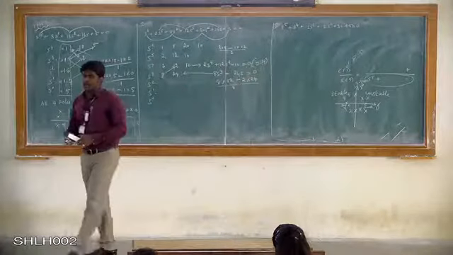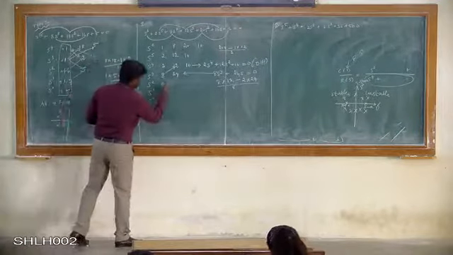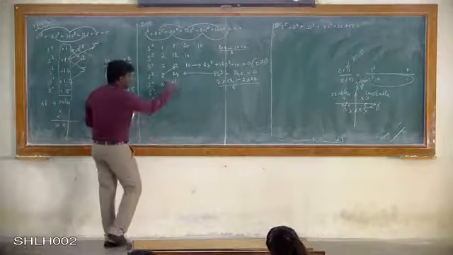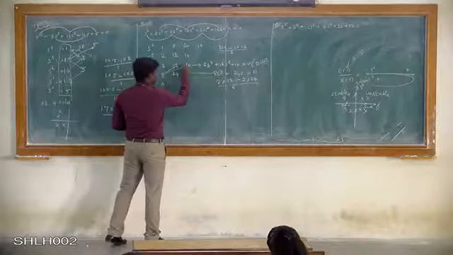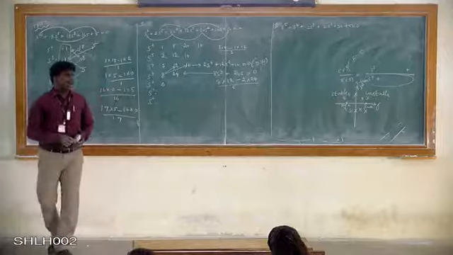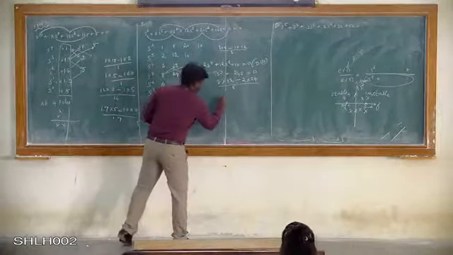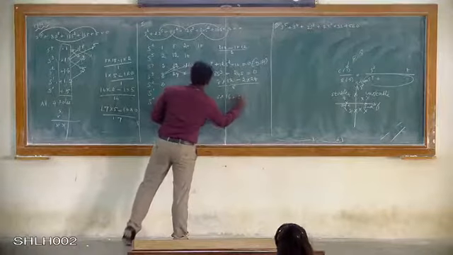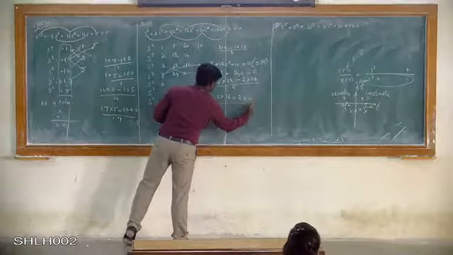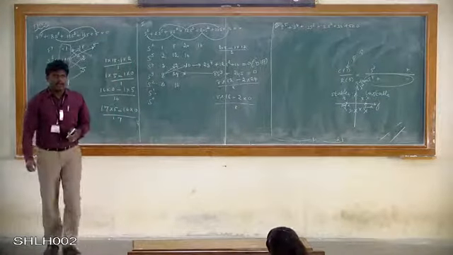Tell me what is the value you will get? 6. Okay. 6 you will get over here. To get the another element over here, multiply 8 into 16 minus 2 into 0, divided by 8. The value will be 16 over here.